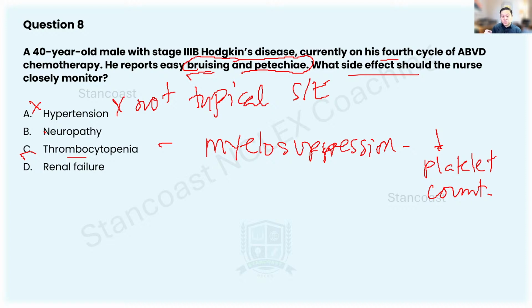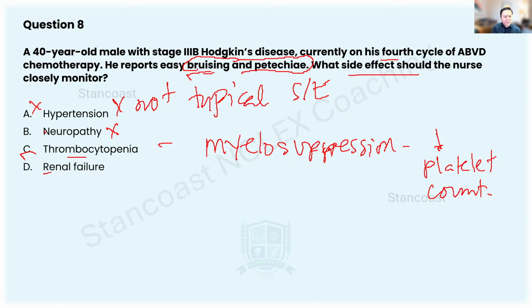It can also occur, right? It can alter the nerve function. So we need to observe any tingling sensation or maybe numbness. That is also important. But as we are looking into the bruising and petechiae, this is much more critical. Our patient possibly can bleed out. So we are going to put this in the back burner.